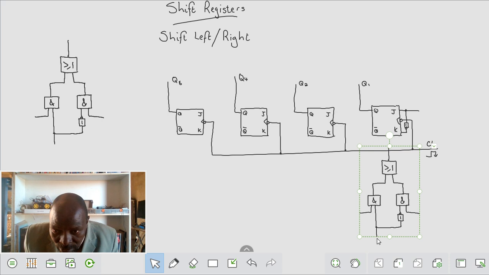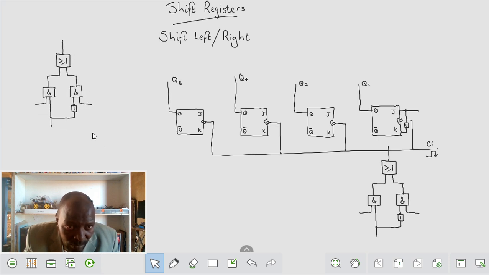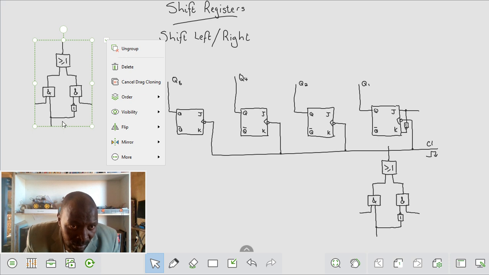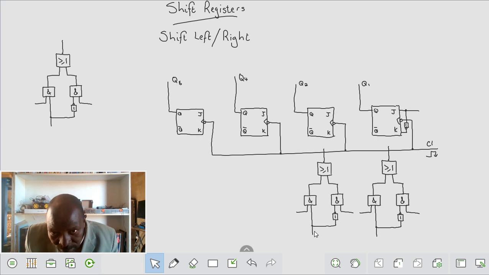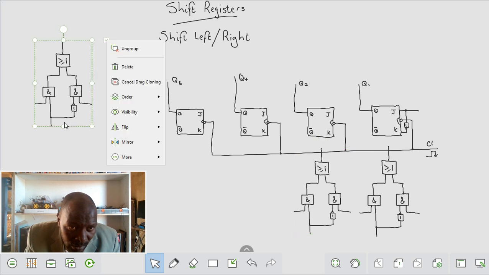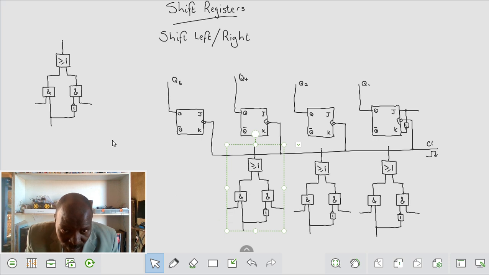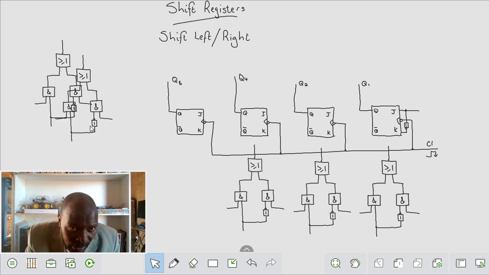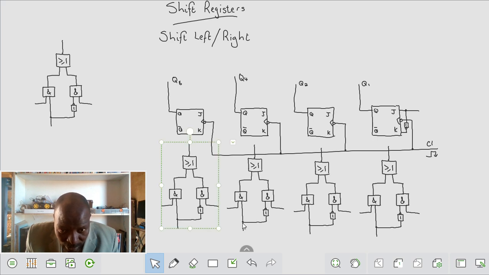I'll put another one there for this one, another one there for that one, and one last one, because each of the four is going to be fed by one or the other.